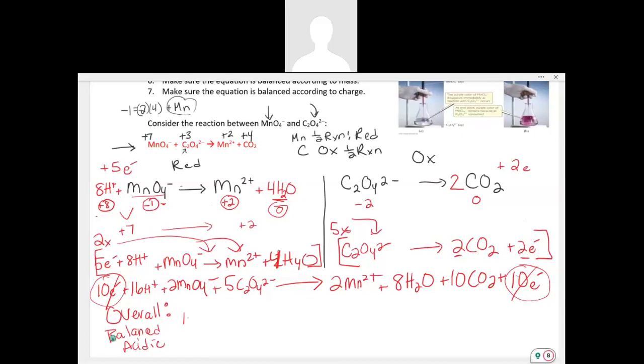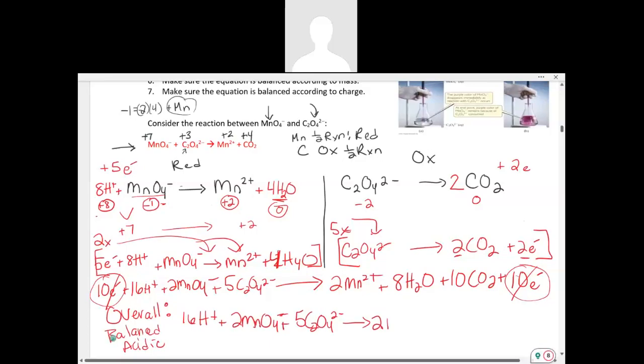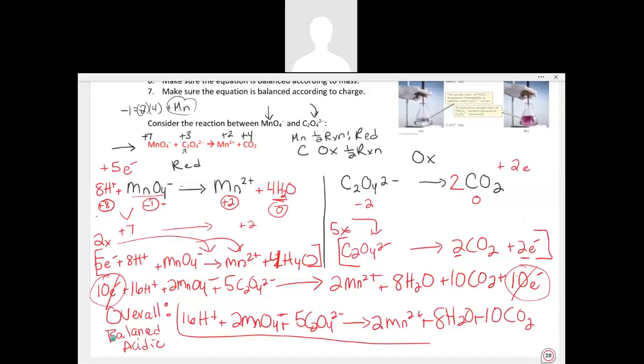We're just going to carry everything down: 16 H+ plus 2 MnO4- plus 5 C2O4 2- will yield 2 Mn2+ plus 8 H2O plus 10 CO2. In this case we don't, but if you did happen to end up with H+ on both sides or water on both sides, you could cancel that out and simplify even more.